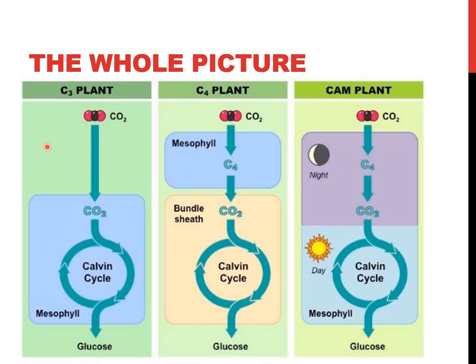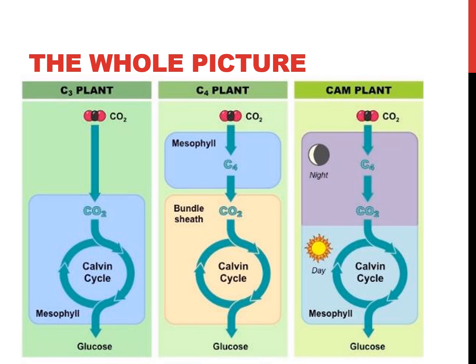Whereas C4 plants have different ways to create glucose efficiently in the form of specialized structures. They have the mesophyll right next to the bundle sheath cells in a different formation. Carbon dioxide comes into the mesophyll cells. The oxygen will come into the mesophyll cells as well through gas exchange, but the carbon dioxide is the only thing that can go into the bundle sheath cells.